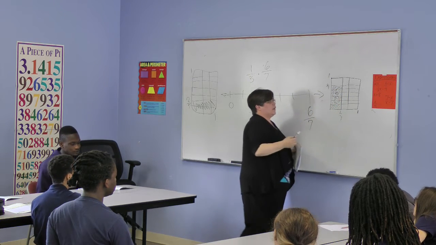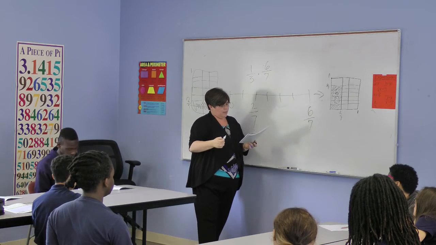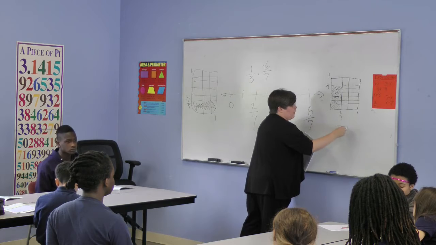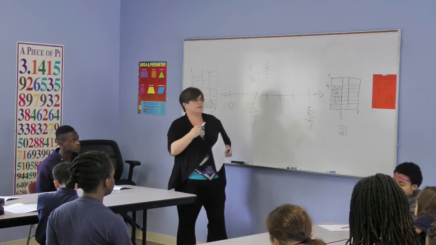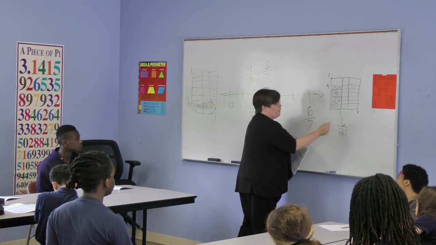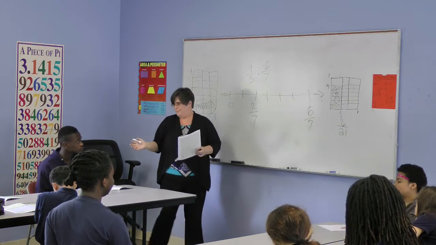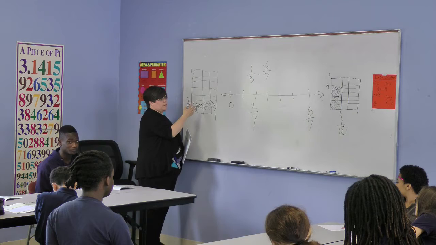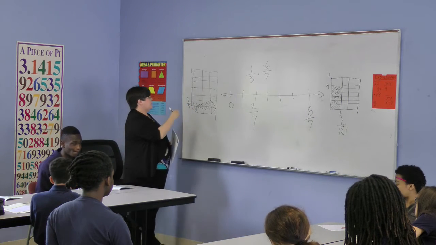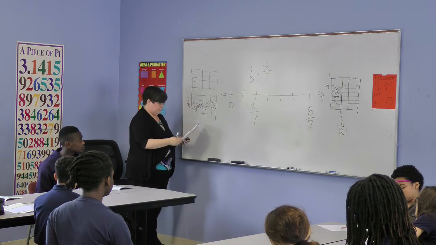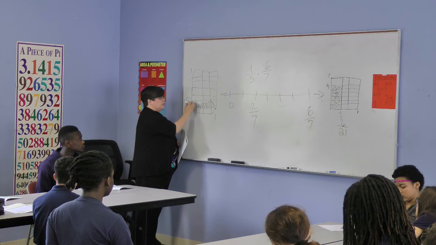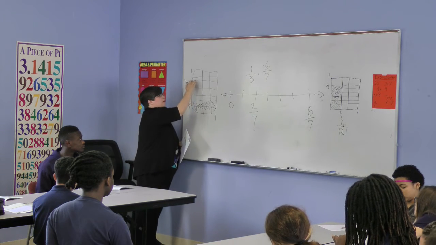1/3 and 6/7. And then you go, that means out of the 21, how many were shaded? 6 out of the 21. But then Michael said, but I just want to know what it reduces to. And if you do this part, the 2/7, you can see that it's 1, 2 out of 1, 2, 3, 4, 5, 6, 7.